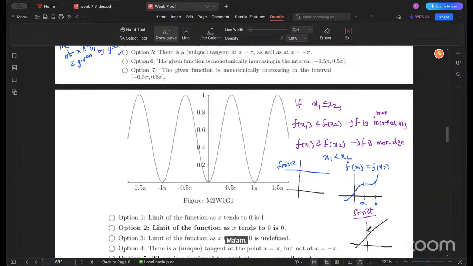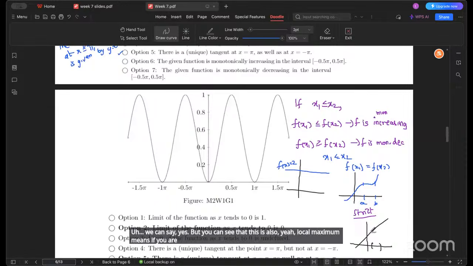Ma'am, can we say that monotonically increasing functions have a local maximum? Local maximum in general, yes, it should have a local maximum. We can say, yes. Local maximum means if you are taking a small interval, if this is the highest point, then we can say.